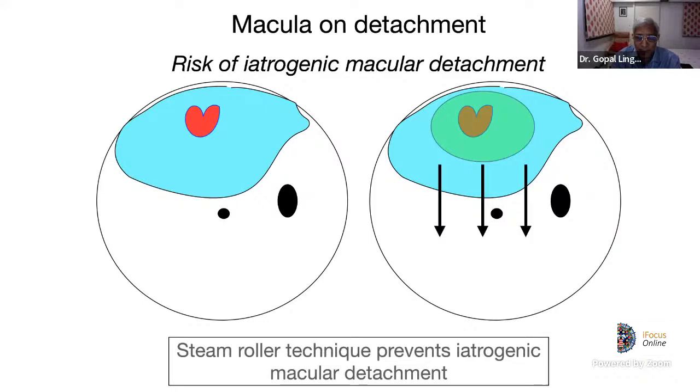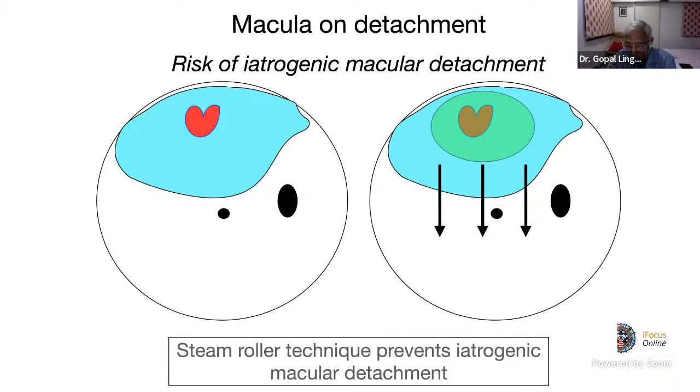So to avoid that, you use a steamroller technique, wherein you inject the gas bubble, quickly put the patient prone. So the gas bubble goes to the macular area first, because you have put the patient prone. And once it is at the macular area, you're safe. Now you slowly lift the patient's head, because you are doing a superior half of detachment.